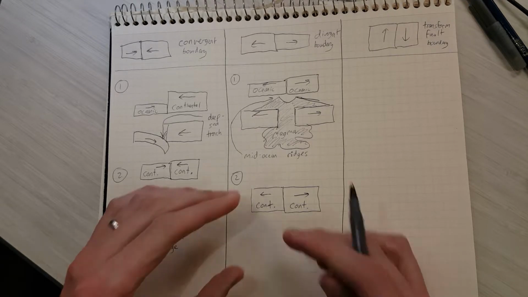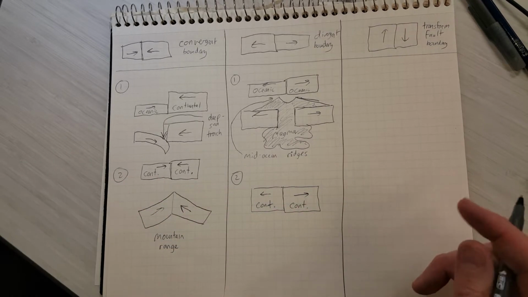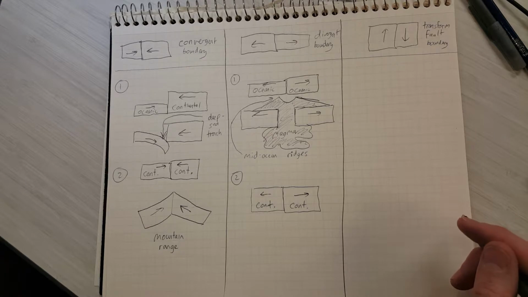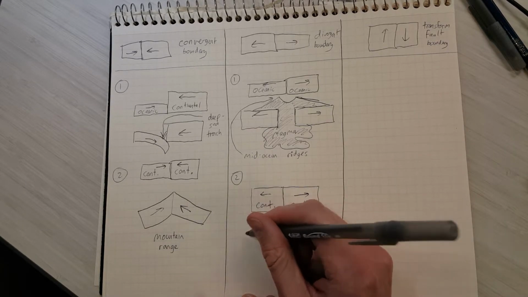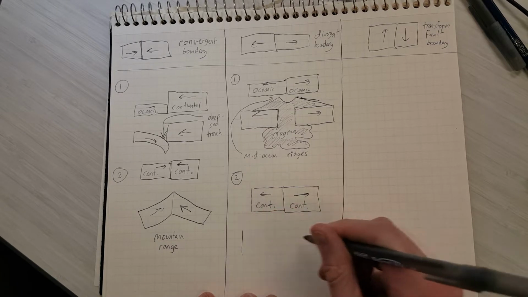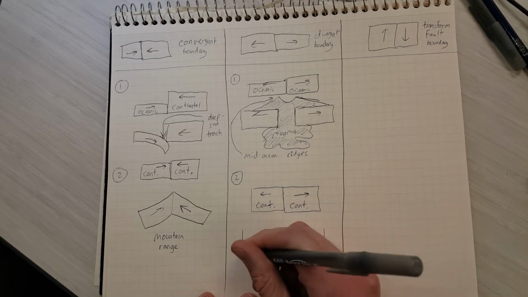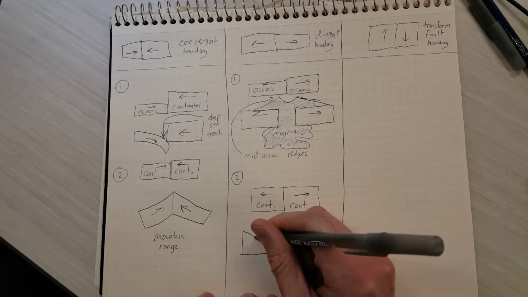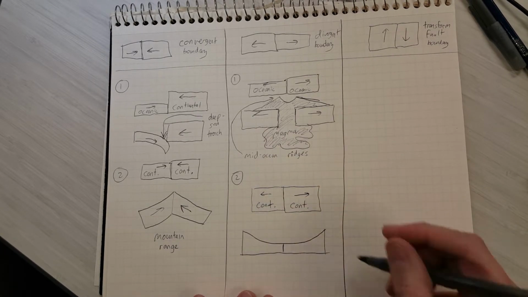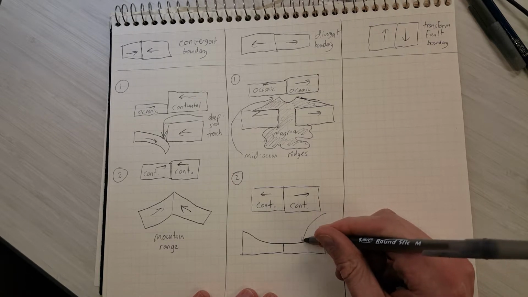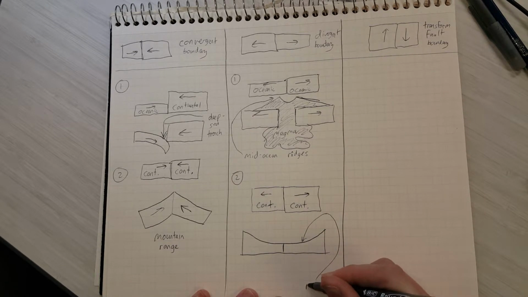When you stretch out two pieces of silly putty, the part in the middle gets longer, but it also gets thinner, and it hangs down in the middle, it sags in the middle. And so what we ought to expect to see there is something like this. And then this area in the middle is known as a rift valley.